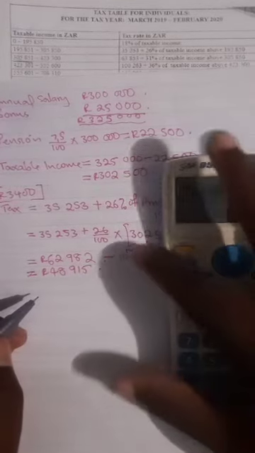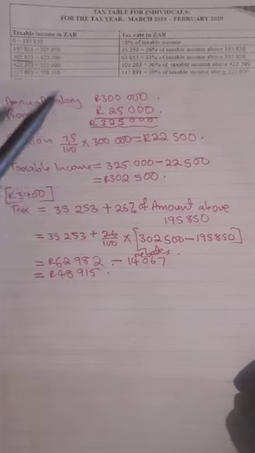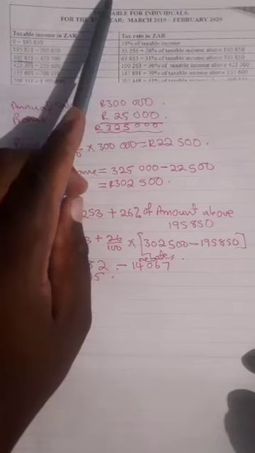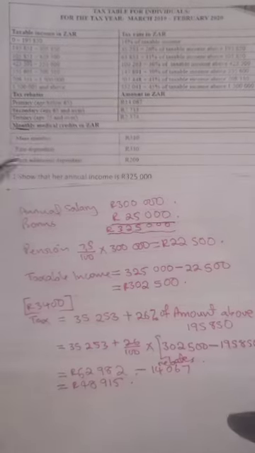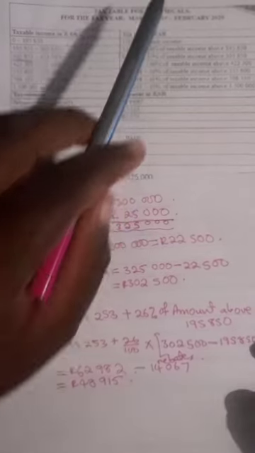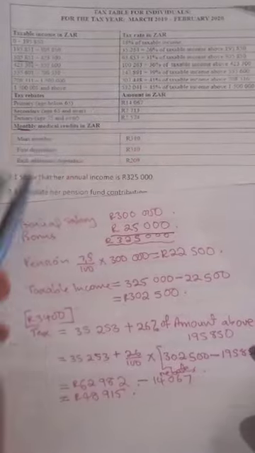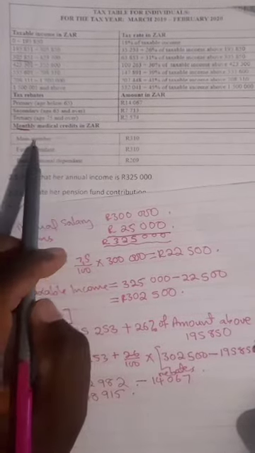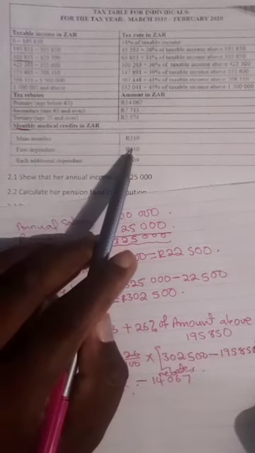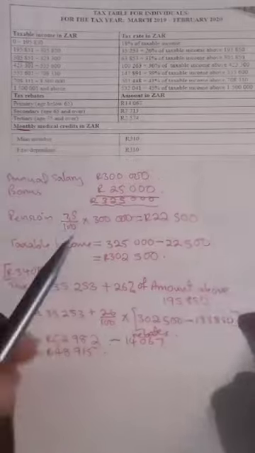And then the next thing after our rebates, we have medical tax credits. Remember, this person is paying medical aid, so the person is entitled to some medical tax credits, and the person has two dependents, right? So according to the table here, the main member is 310, the first dependent 310, and the second dependent is 209.